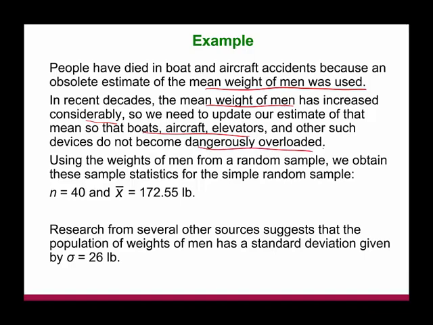With the weights of men from a random sample, we obtain these sample statistics for a simple random sample: sample size equals 40, sample mean equals 172.55. Research from several other sources suggests that the population weight of men has a standard deviation, given, sigma equals 26 pounds.